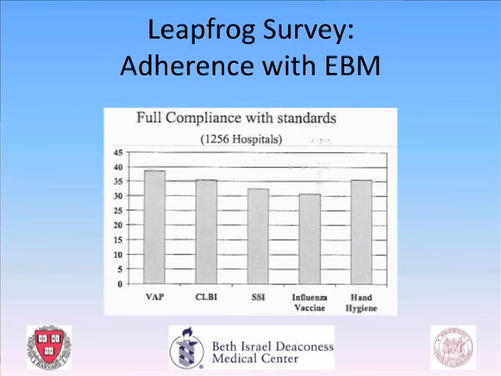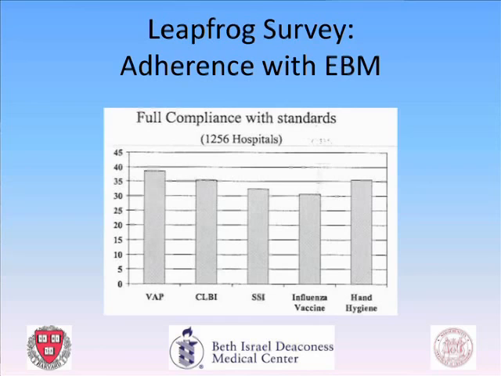This is just a survey of how well hospitals here in the United States are implementing evidence-based medicine. So these are different projects. We have evidence how to reduce pneumonia that's acquired in the hospital. We have evidence on how to reduce surgical site infection, or SSI, which is what I had. We have evidence on influenza vaccination and how that decreases outbreaks in the hospitals.